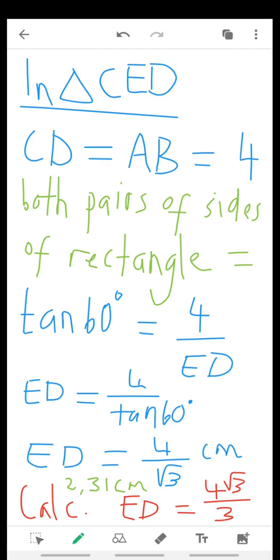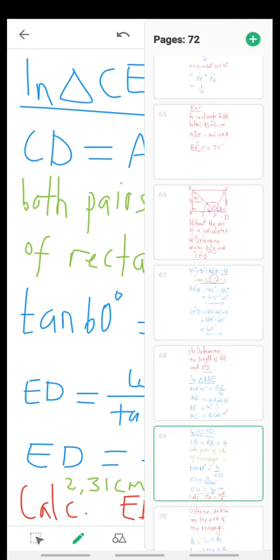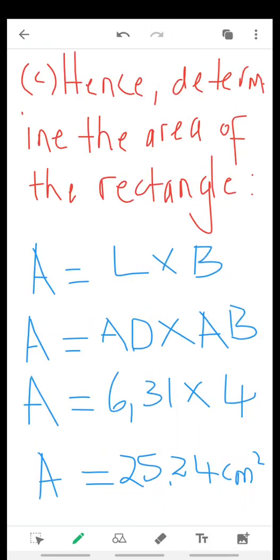Now, when you punch in the calculator without using special angles, the calculator would have given you 4 square root 3 over 3 because you are using a calculator. But we found 4 over square root 3 because we are not using what? A calculator. We are actually following an instruction that says without using a calculator. But the answers are the same. Remember, the calculator rationalizes.